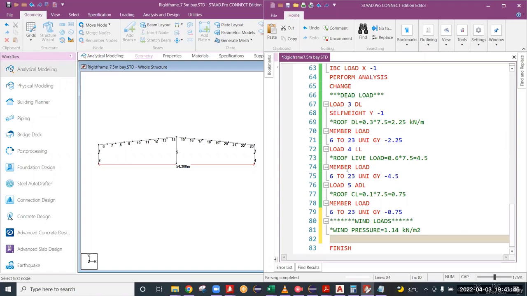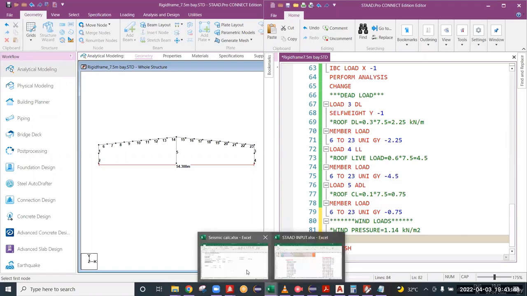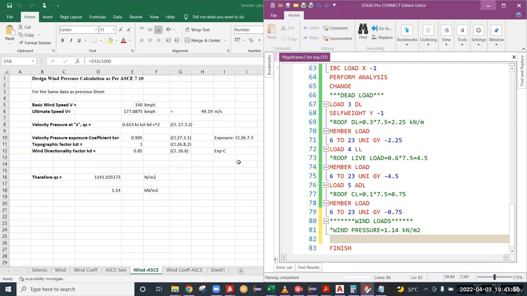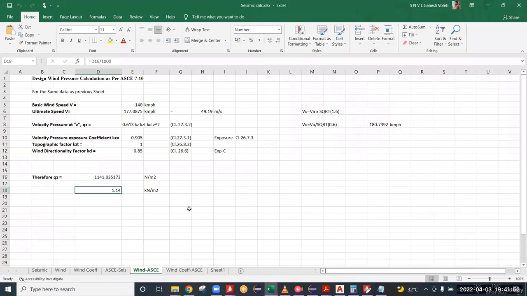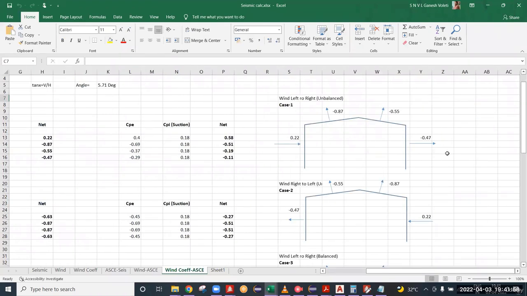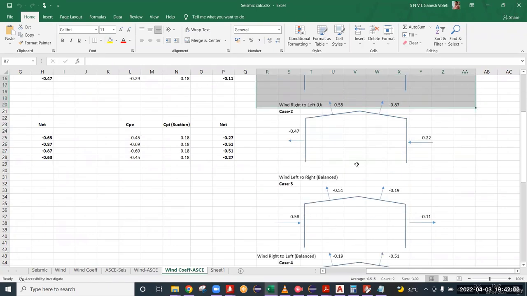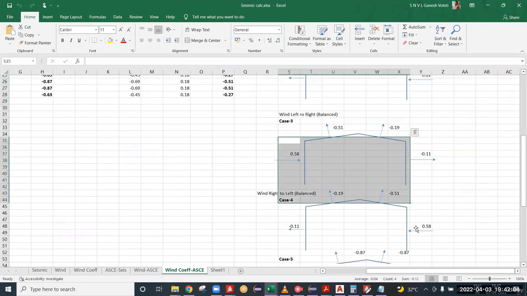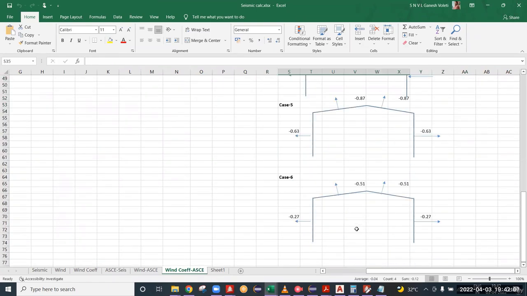So already we have seen how to calculate coefficients for an enclosed building, and for something partially enclosed, we have seen, right? Wind coefficients here. So do you guys remember this? Yes, sir.